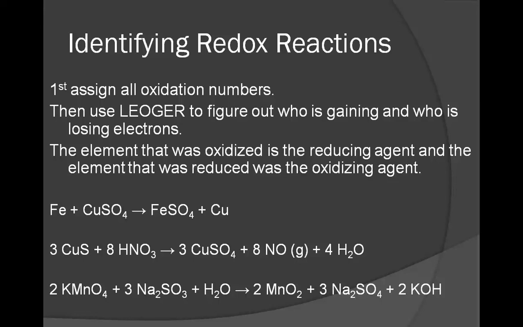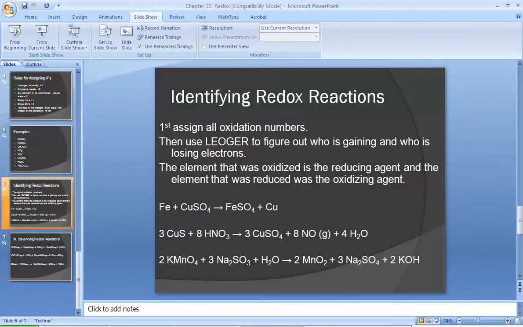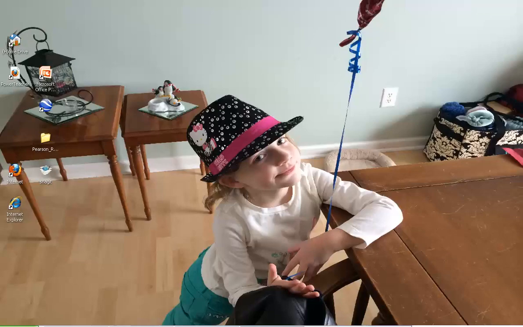The one thing you got to be careful about, electrons are negative. So if you gain electrons, in other words, if you were reduced, you become more negative or less positive, depending on what the starting charge was. On the other hand, in oxidation, they're going to lose electrons. So if you lose electrons, you get more positive or less negative. And then again, whoever was oxidized was the reducing agent. Okay?